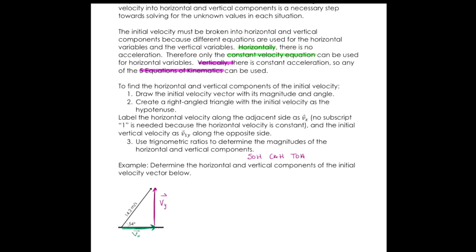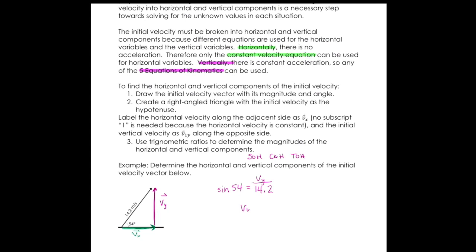So it is opposite our angle of 54 degrees. So we're going to use sine of our angle, 54, equals our Vy over our hypotenuse, 14.2. Okay. And so if we rearrange it, we'd times both sides by 14.2.